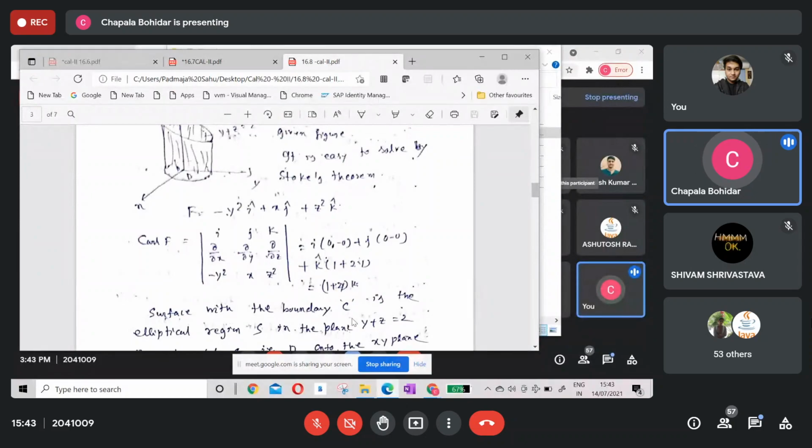The surface with boundary C is the elliptical region S in the plane.